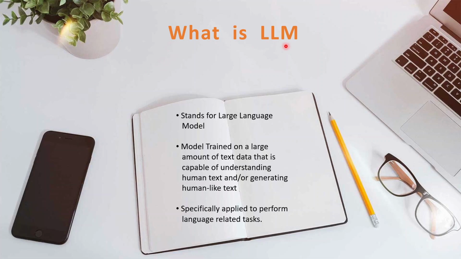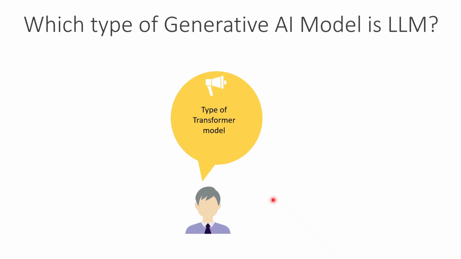Let's understand LLM now. LLM stands for Large Language Model. They are models which are trained on a large amount of text data and are capable of understanding human text and/or generating human-like text, specifically applied to perform language-related tasks. So the question arises, which type of generative AI model is LLM?